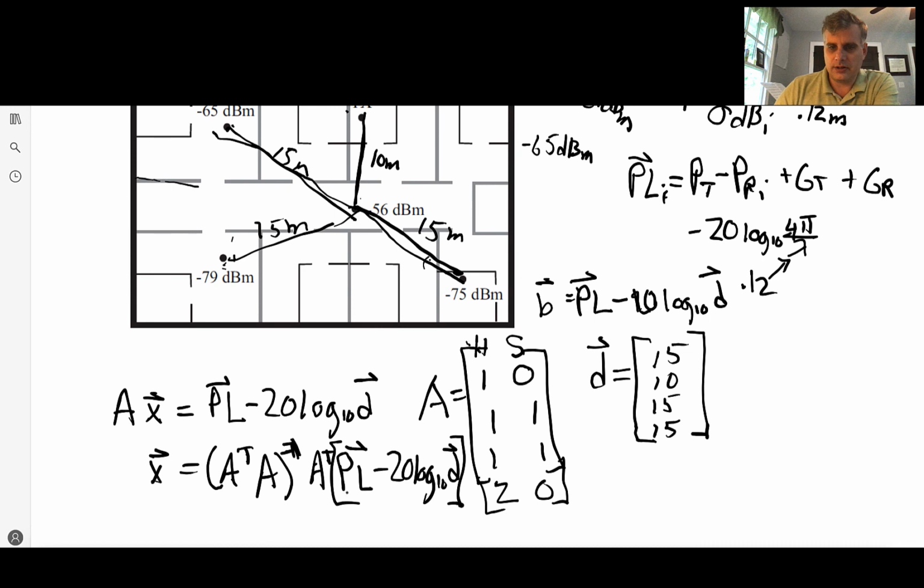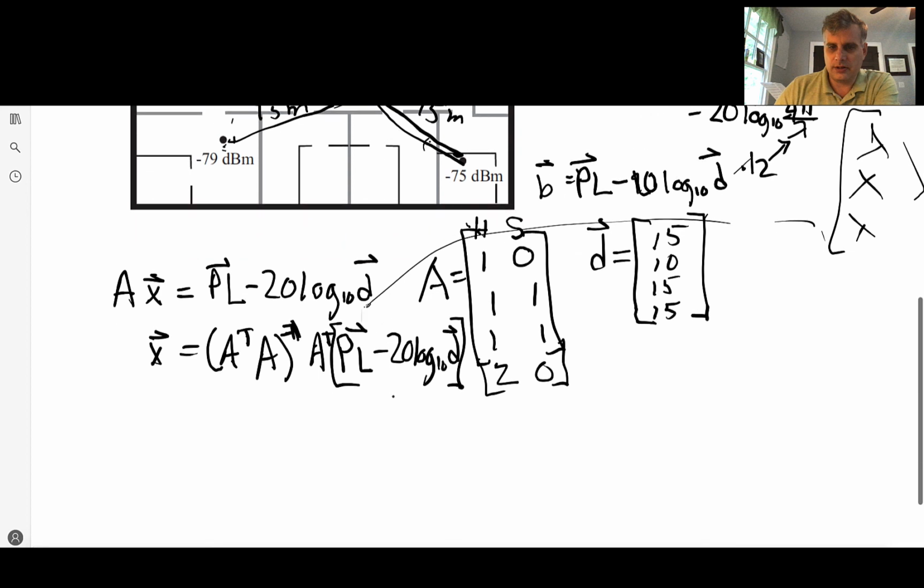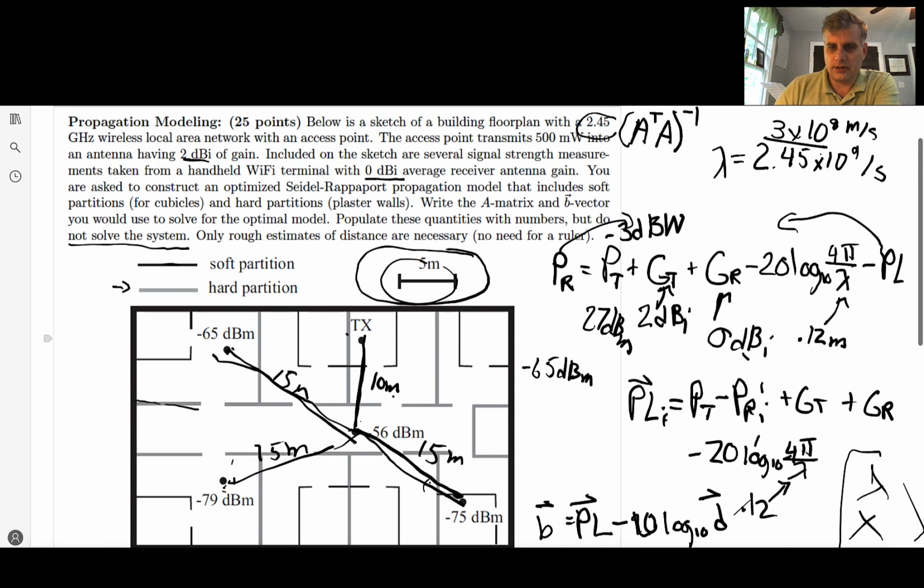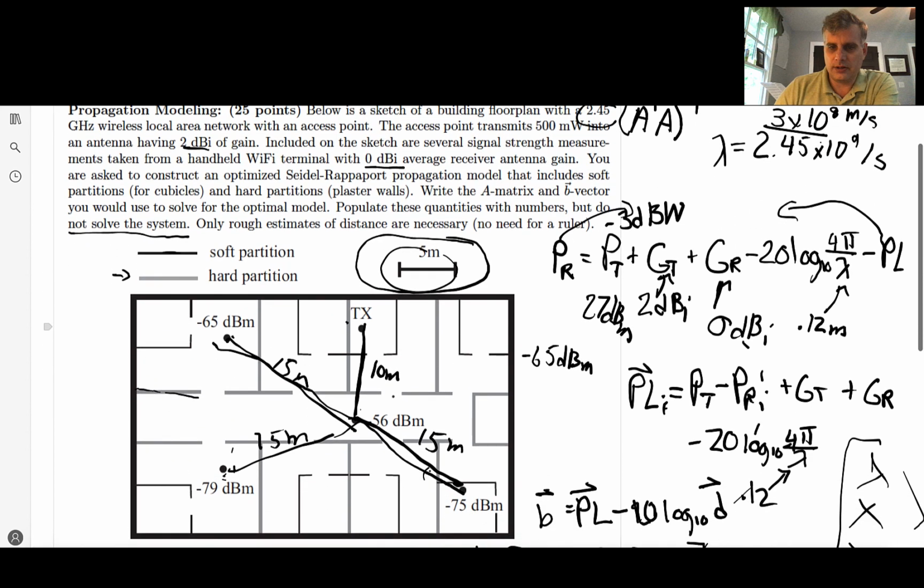And so there it is. I could leave this problem like this and I would get full credit because I've defined all my matrices. Maybe I'd want to write out the numbers in my path loss matrix. And say, put these in this formula and that'll give you the right answer. No need to solve. I'm not here to test your ability on plugging things into calculators. Not at this level. So there's an example of a fairly quick problem to do on a test.